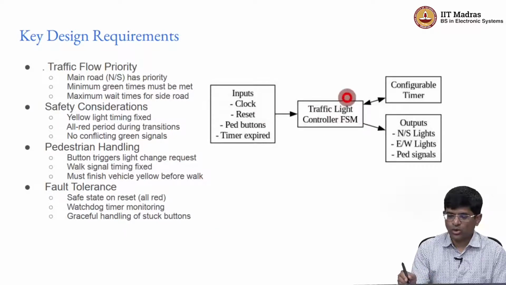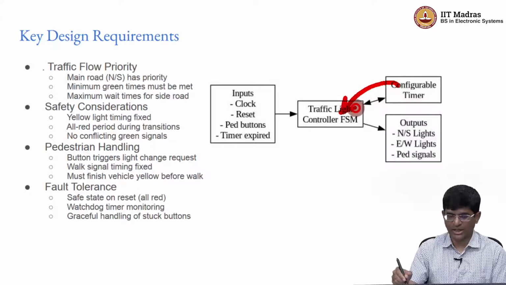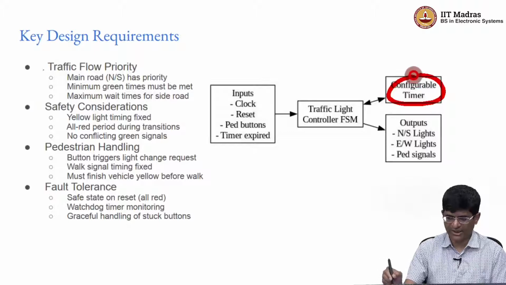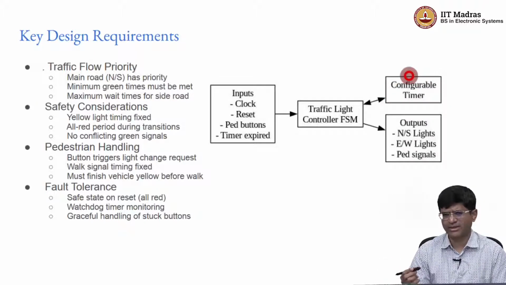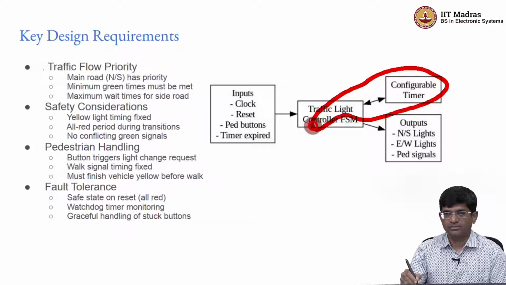All of these inputs go into our controller FSM and generate certain outputs. It also has one more sort of separate piece of logic out here, which technically is part of the FSM, but the reason I am counting this as a separate timer out here is because if you go by the strict definition of an FSM, the total number of states in the FSM is the total number of registers present in the FSM and essentially determined by 2 power the number of registers that we have.